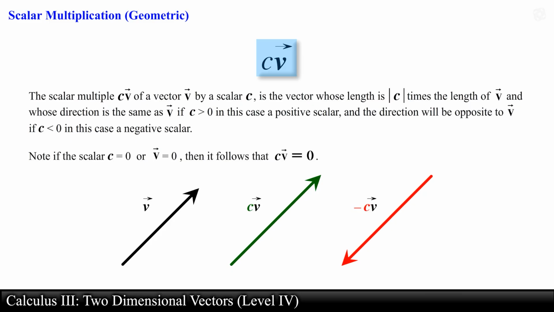Note, if the scalar c equals 0 or vector v equals 0, then it follows that c times vector v equals 0. In the end, real numbers essentially work like scaling factors. This is why they are conveniently referred to as scalars.